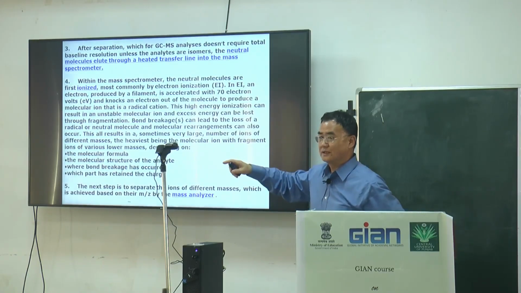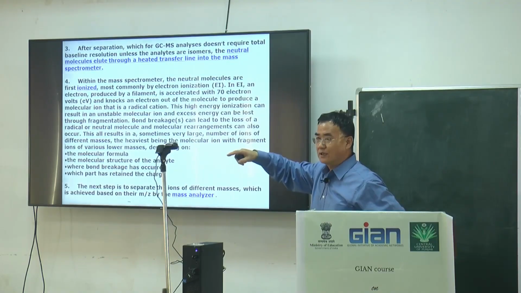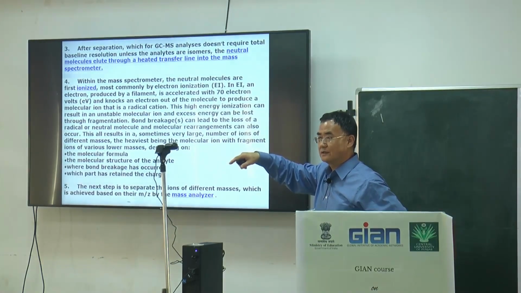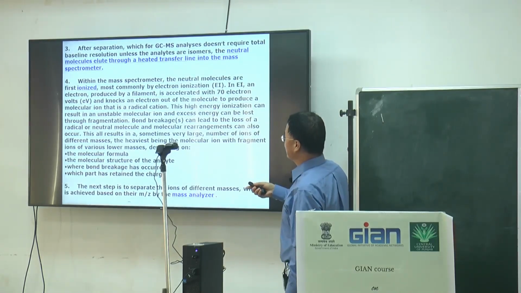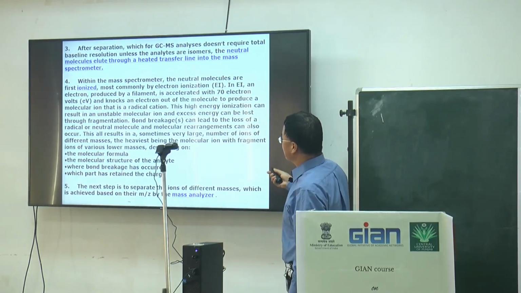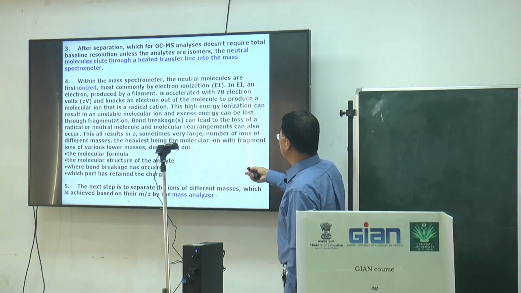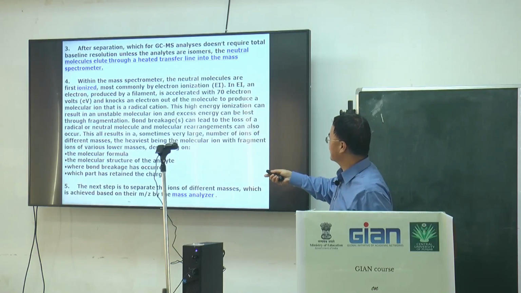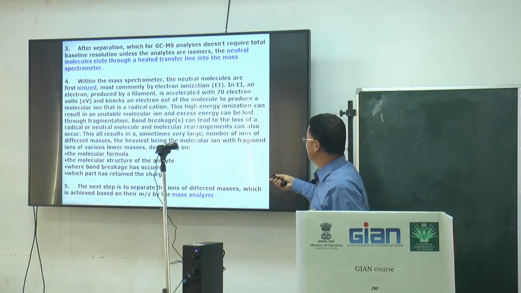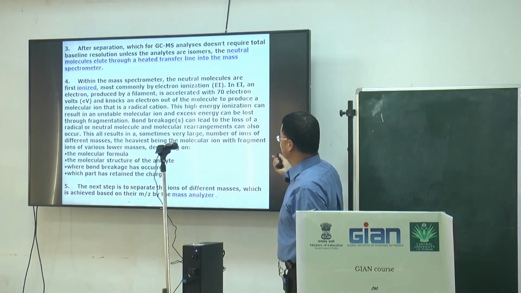They have fixed bond breakages, which you usually target, and can generate not only the radical but also the neutral molecule. Those molecules can also rearrange. This results in a number of ions of different masses, sometimes very large or smaller.